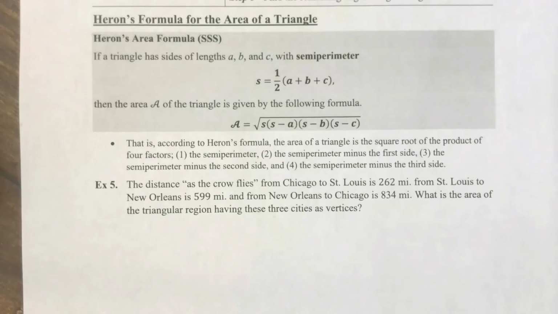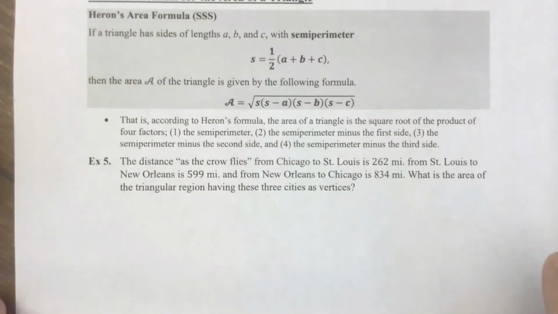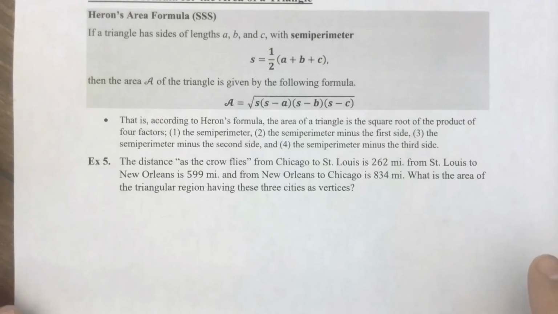So for example 5, we have the distance as the crow flies from Chicago to St. Louis is 262 miles. From St. Louis to New Orleans is 599 miles, and from New Orleans to Chicago is 834 miles. What is the area of the triangular region having these 3 cities as vertices?